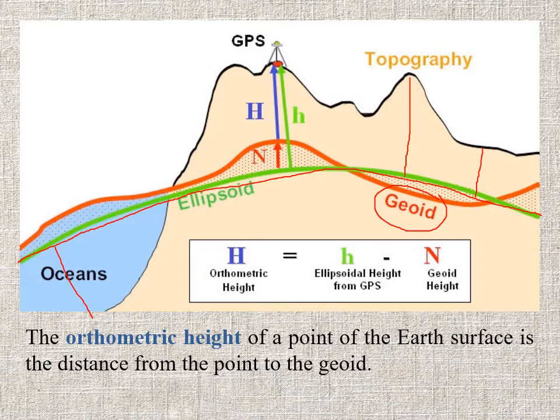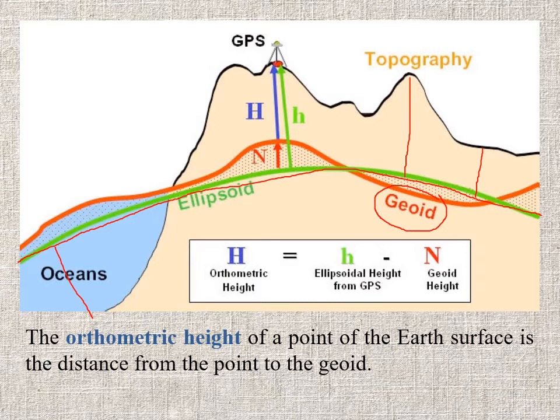So together these two define the potential function of any point over the earth's surface. And it is an imaginary surface in which all the places of the earth have the same equipotential function.